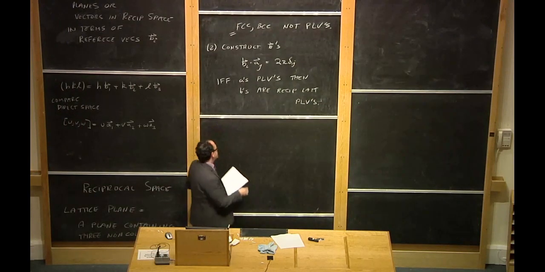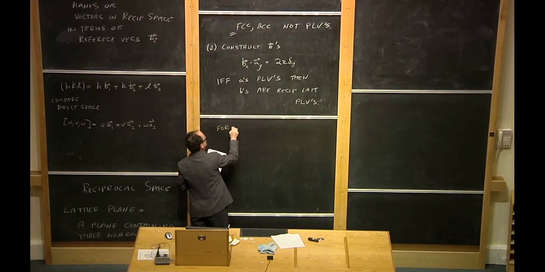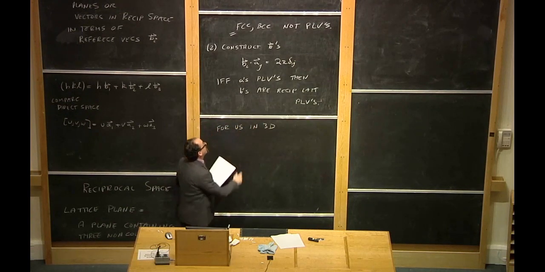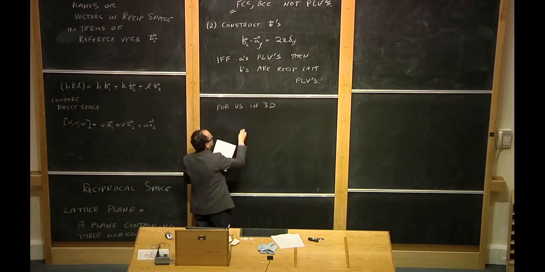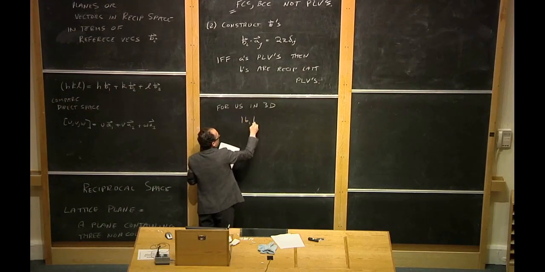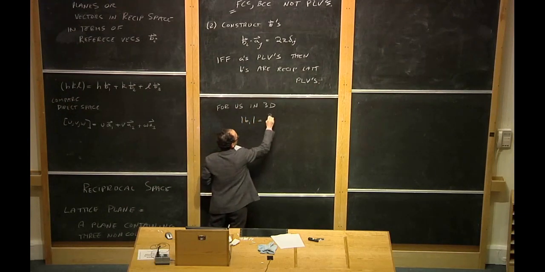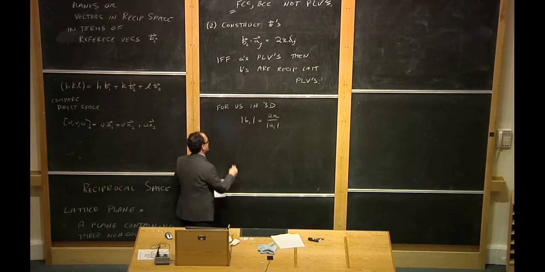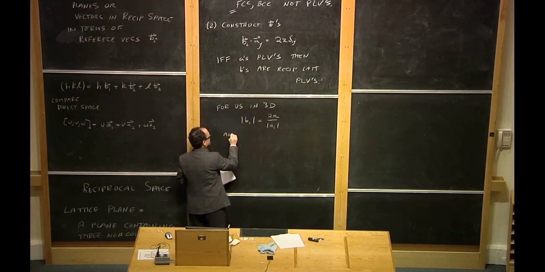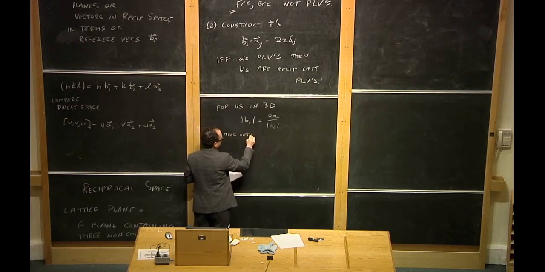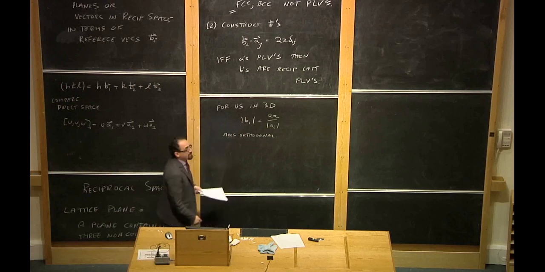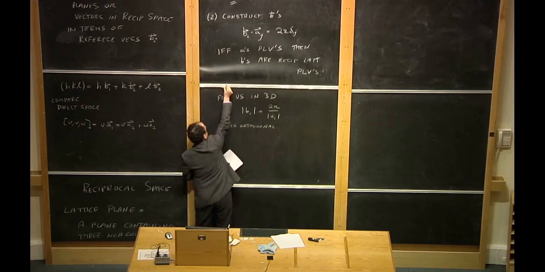Again, for us, since we are always using orthogonal axes in 3D, it will always turn out to be the case that the absolute value of b_i equals 2 pi over the absolute value of a_i, because axes are orthogonal. Okay? So that makes life a lot easier.